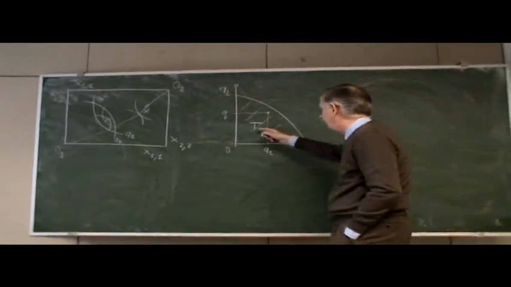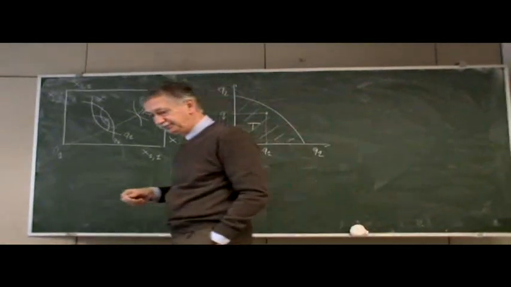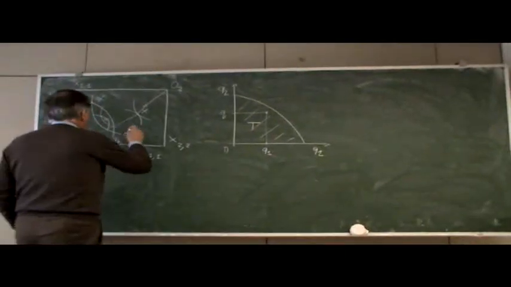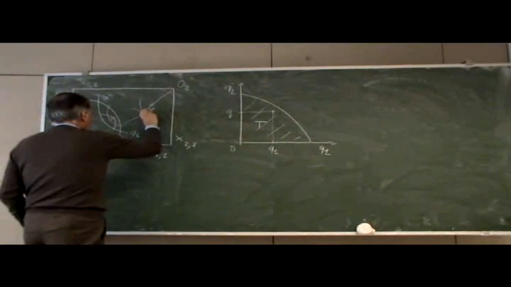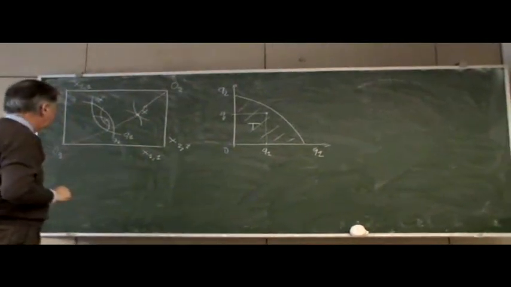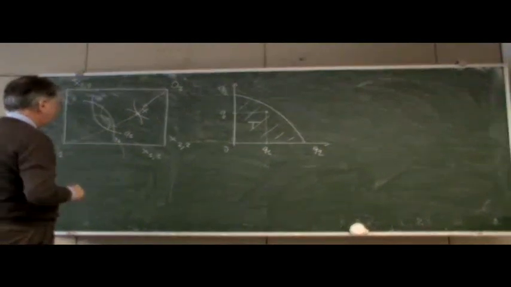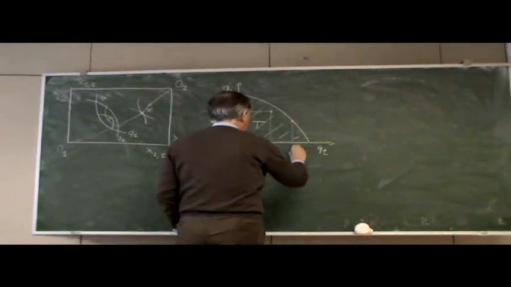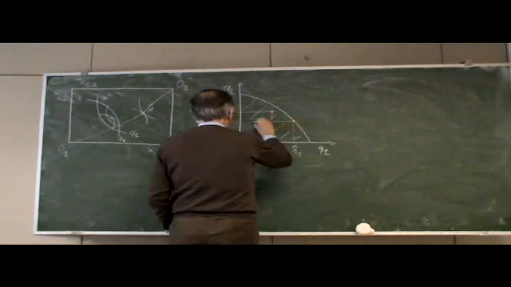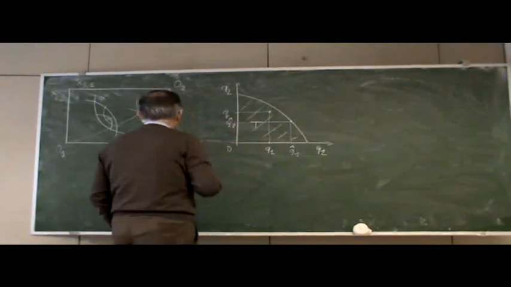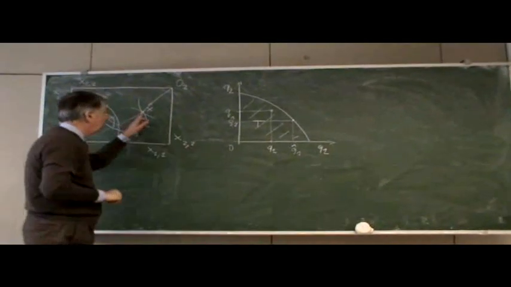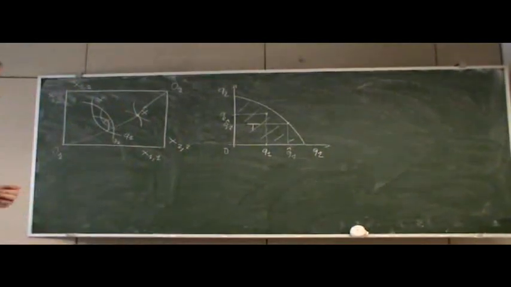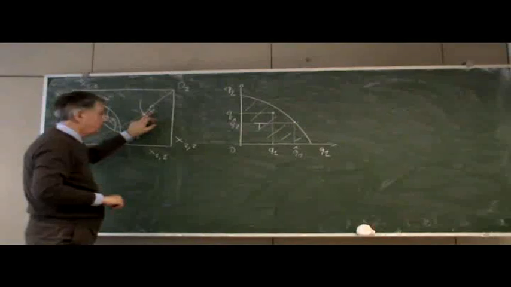You obtain this set T. Question: if you consider a Pareto optimum like x hat, where is the corresponding point on this graph? Clearly on the boundary. You have here Q hat 1, Q hat 2, which are the quantities produced by the economy when you allocate the total available quantities of factors in the way given by this point x hat.